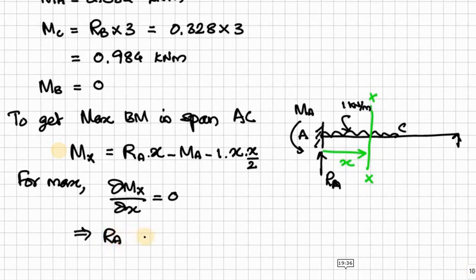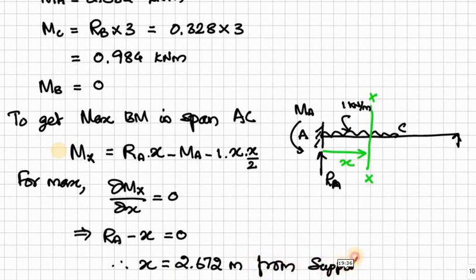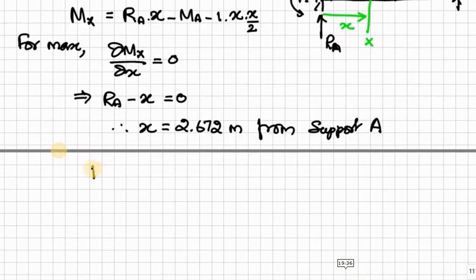So RA, MA is constant, therefore no. Then minus X, okay, X squared, that is 2X by 2, therefore 2 to cancel. So X is equal to actually RA, which is nothing but 2.672 meter from support A. Now substitute this X value in Mx expression, we will get the maximum at that point.